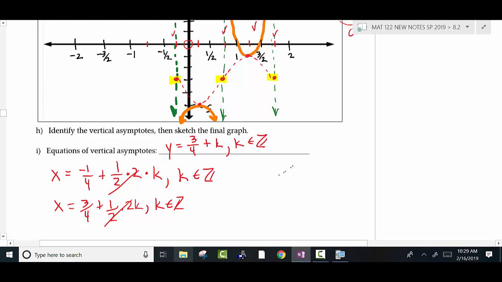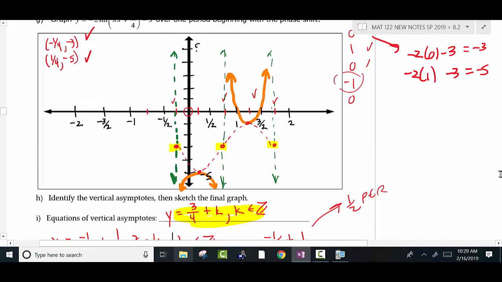Okay, so notice on this that our first asymptote was at negative 1/4. If you add k to it, which would be an integer, like half the period, which is 1, notice you'd have negative 1/4 plus 4/4, so 3/4. Okay, and see, that would give you that asymptote there. So you can check your asymptotes that way. So that's what I would recommend on that problem.